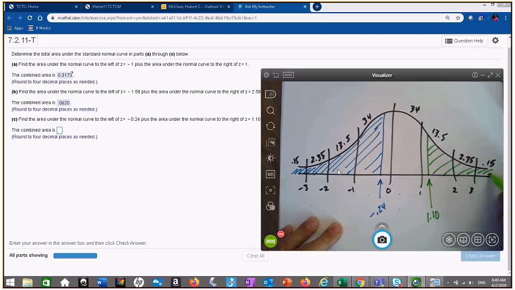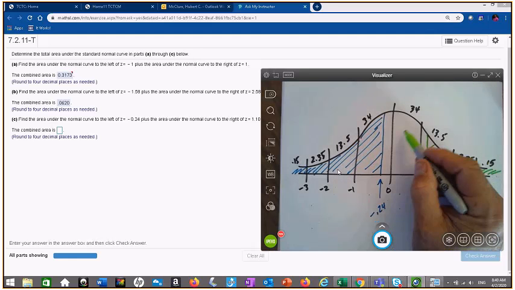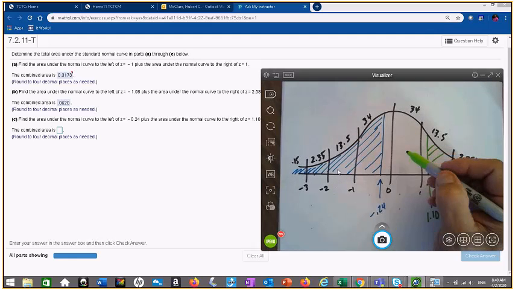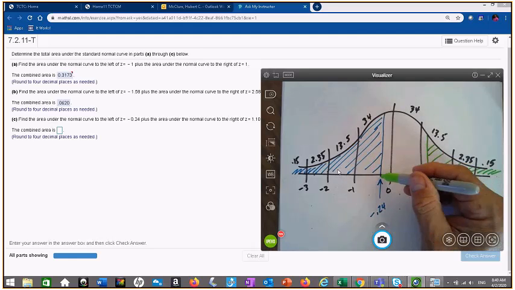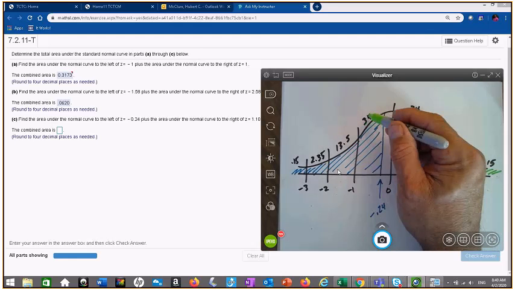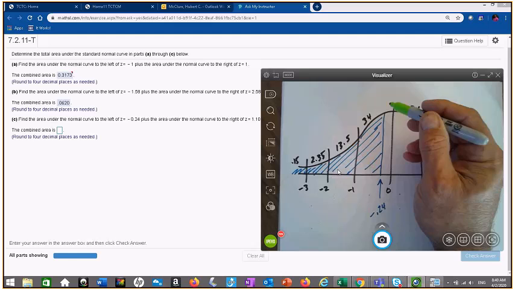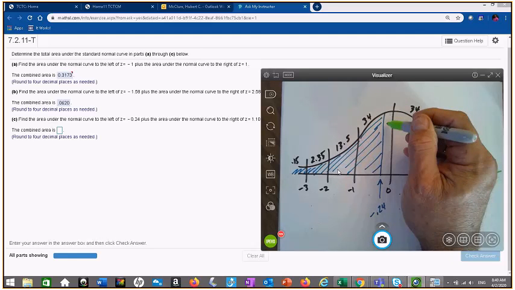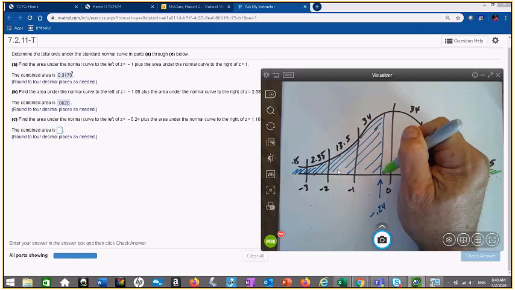Well, we know it's at least 34%. And this is close to 0.33, so that's a third, so less than a third. So that's going to be around 33% would be 11. So it's less than a third, so I'm going to say it's 10.